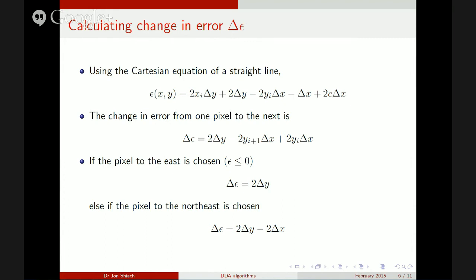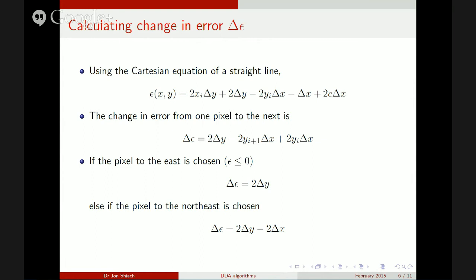But I want the error at the next pixel along. So let's say I've got 4 pixels. That's xi, that's xi plus 1, that's yi plus 1, and let's say I've got the line. I need the error for my next pixel along. If this one's already been illuminated, my x dash is going to be xi plus 1.